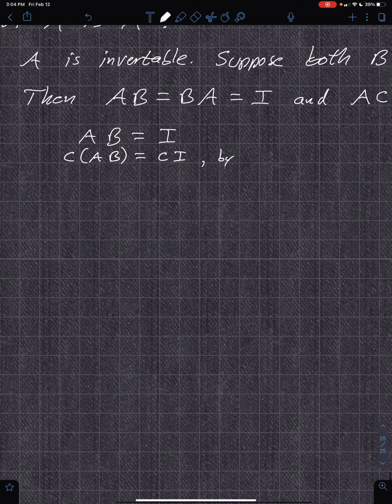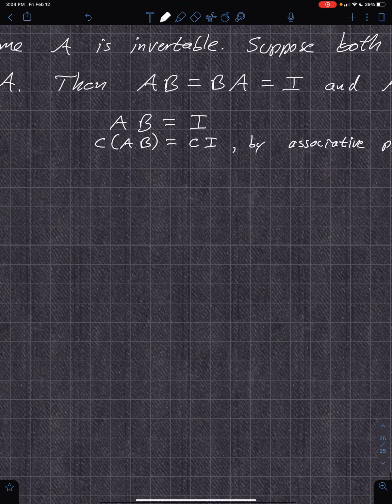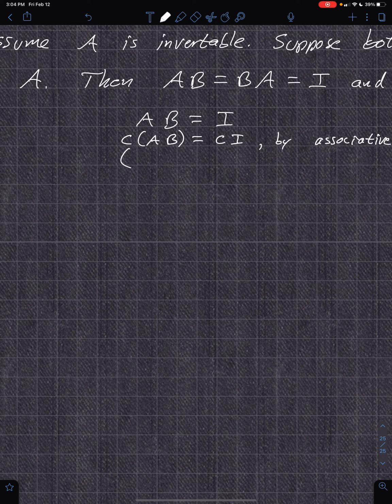By the associative property, we can associate that as C times A, times B, equal to C times I.